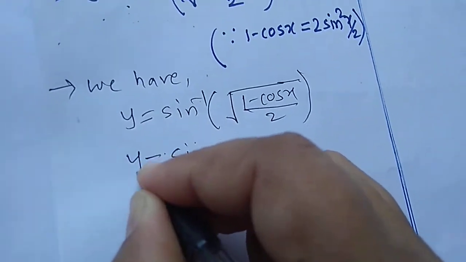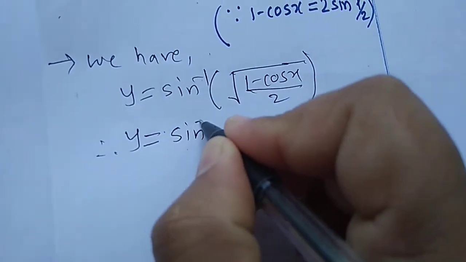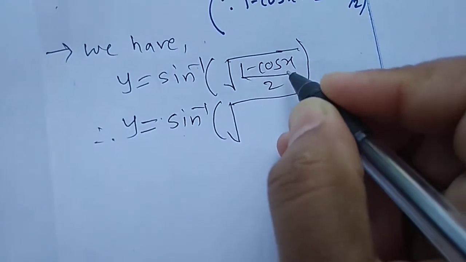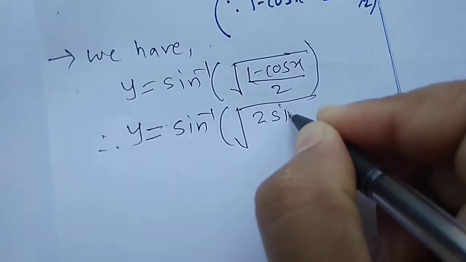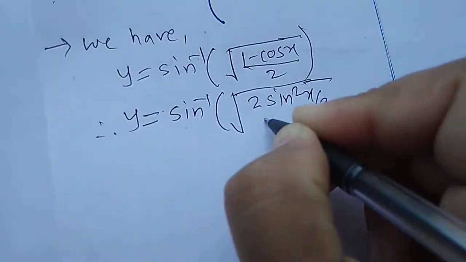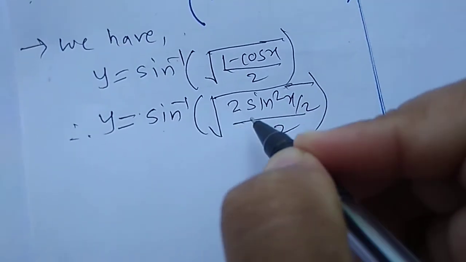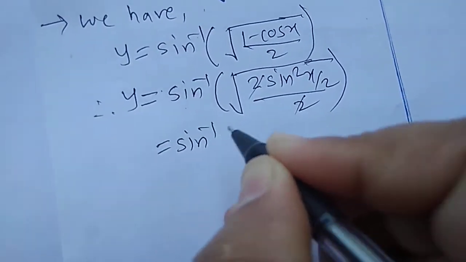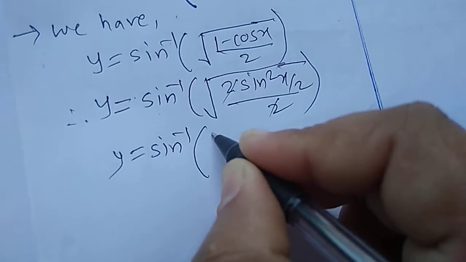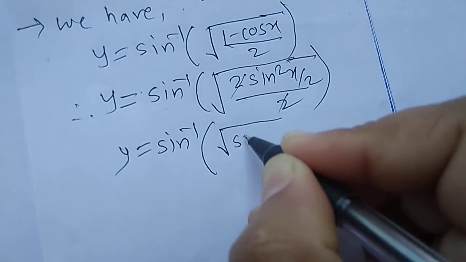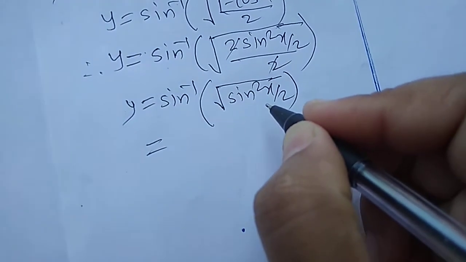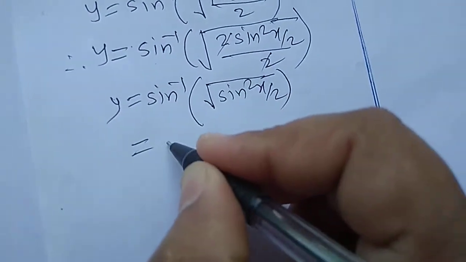So we can put the value of this formula. Therefore y is equal to sine inverse of root of, in the place of 1 minus cos x we can put, 2 sine square x by 2 upon 2. Here 2 divided by 2 gets cancelled, and we will get y is equal to sine inverse of root of sine square x by 2. But root of sine square is there, therefore we will get only sine.